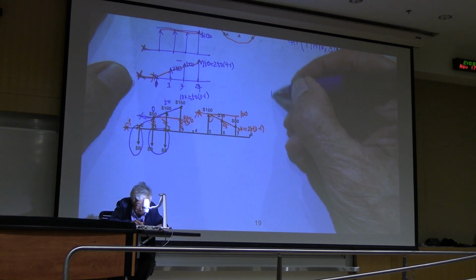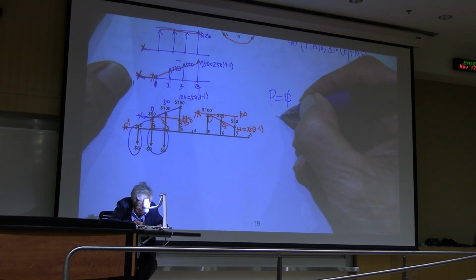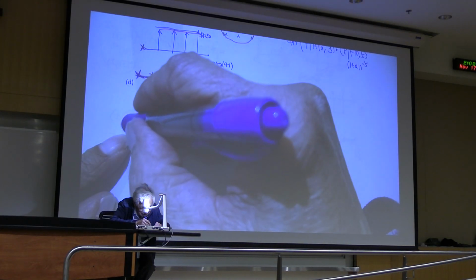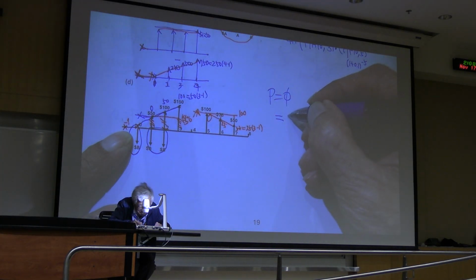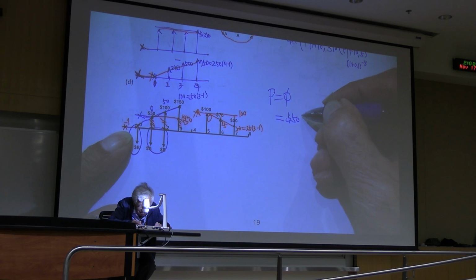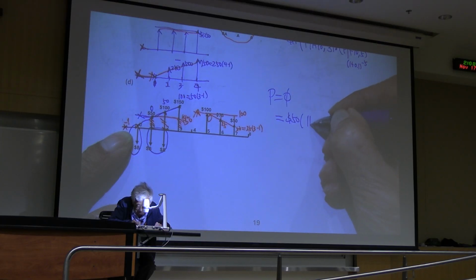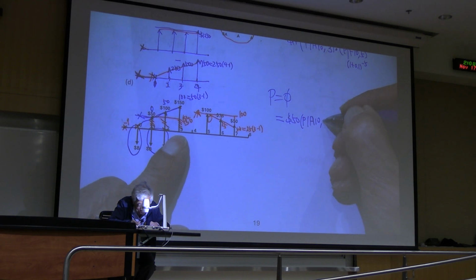So P equals 0. First, this term, 50, that is this uniform series. Given A to find P, 10, 3.